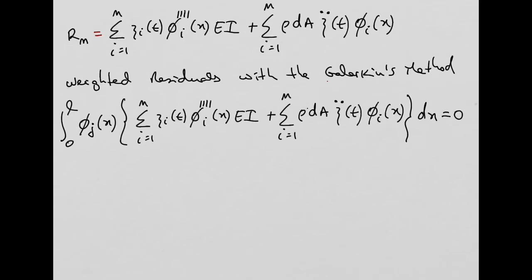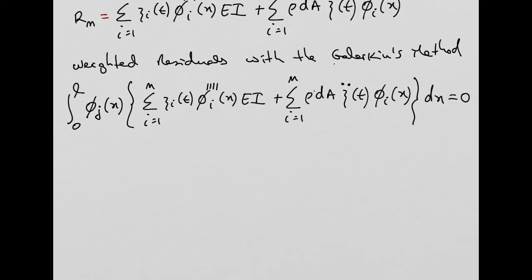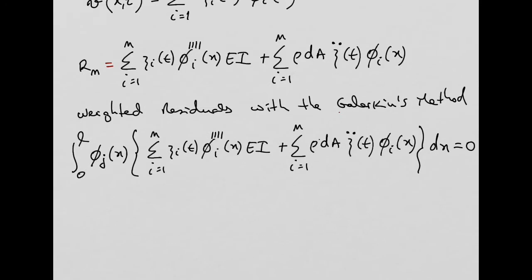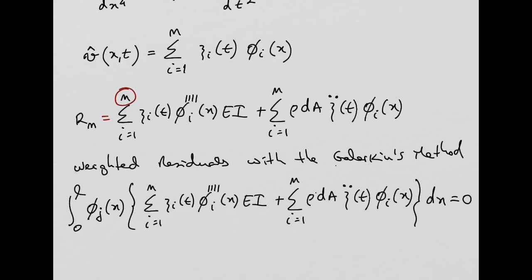Okay, so this weighted residual, don't forget, we are going to have n shape functions, or n terms in this summation. This comes from this approximation that we built, right? We're going to have n. More n means more accurate.